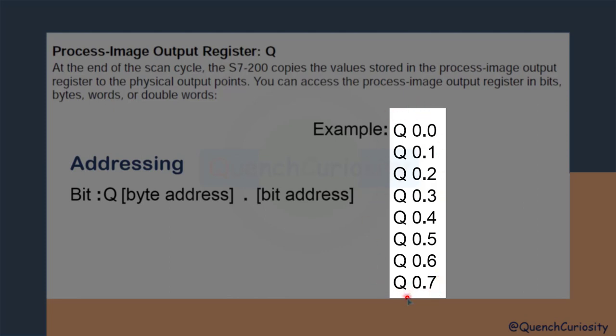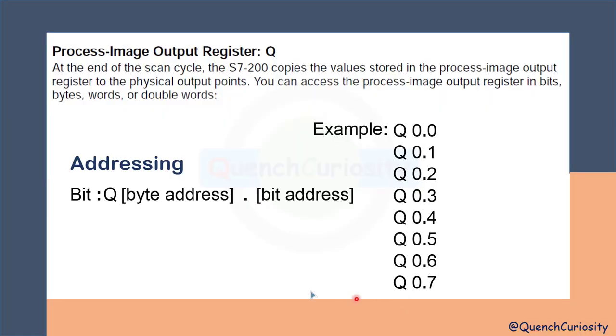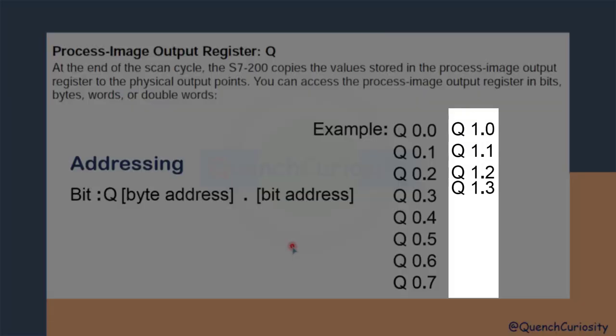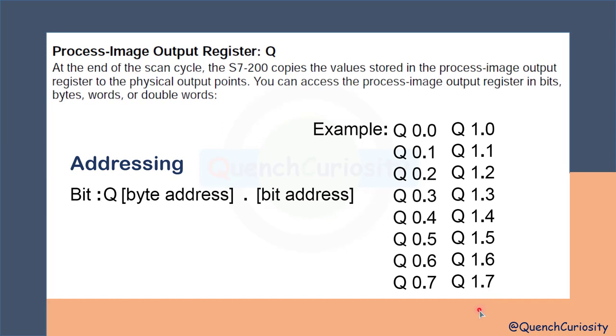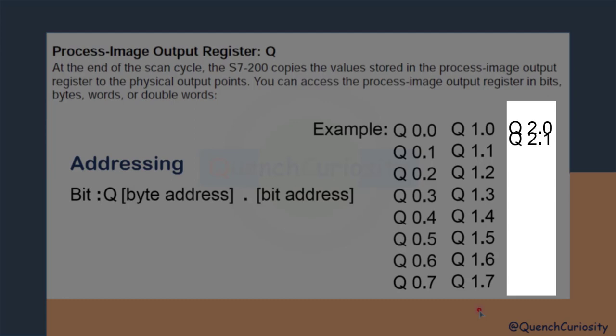After that, if I have to move forward, I have to start a new byte address, that is 1, and subsequently I will go up to 7. Once the complete byte 1 is occupied, I'll go to the next byte address, that is 2, 3 or whichever is available, and so on.